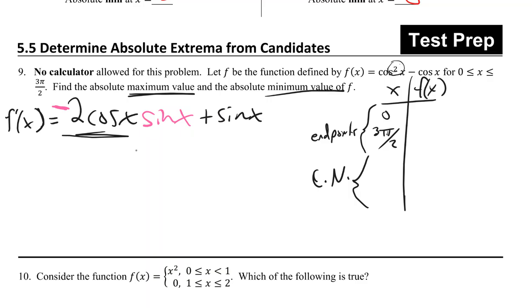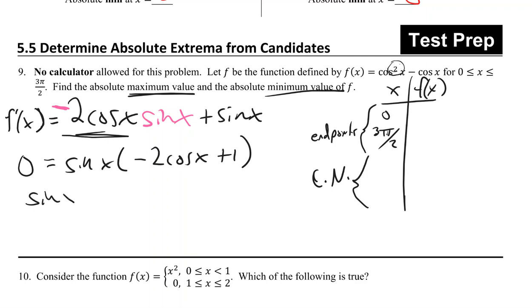And if I'm trying to find critical numbers, I want to know where this is 0 or undefined. Now, sine and cosine are never undefined, so it's really just where does this equal 0. And you could factor out a GCF of sine. And then some of your critical numbers will be where sine is 0, like 0 and pi.